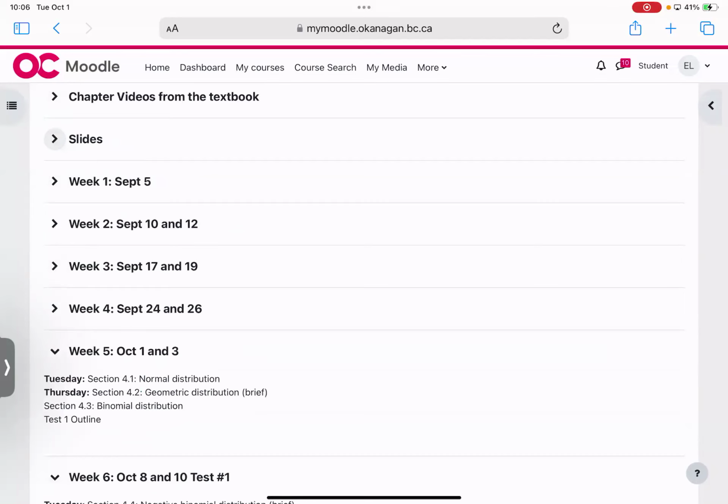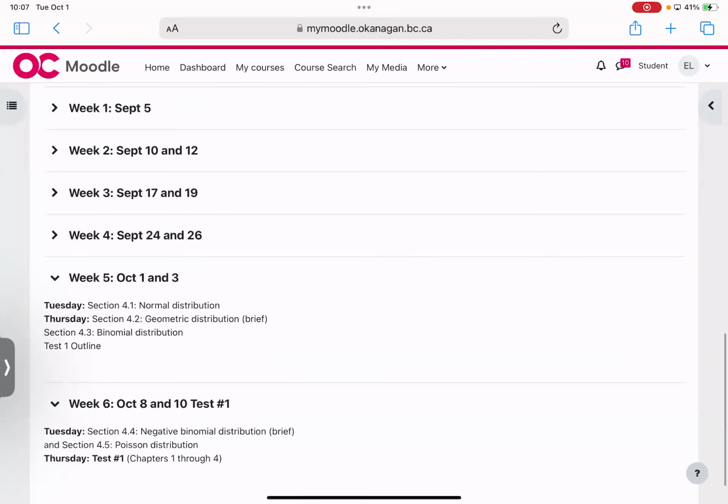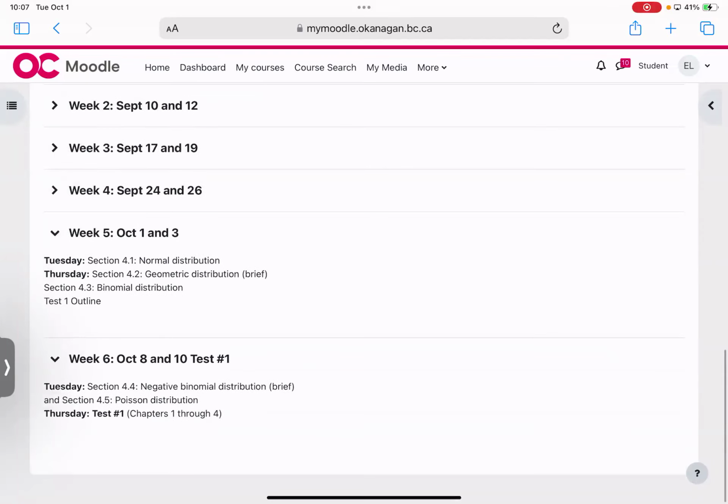Okay, good. So today we're going to do section 4.1, which is on the normal distribution. We already kind of know what that is, but we're going to learn the anatomy of the normal distribution today, and how we find things like probabilities associated with the normal distribution, which is going to haunt us throughout the rest of the course.